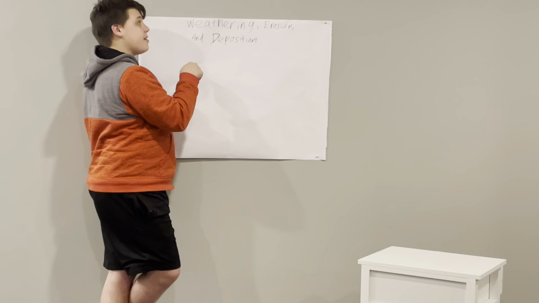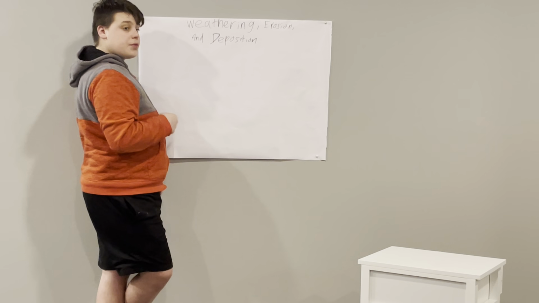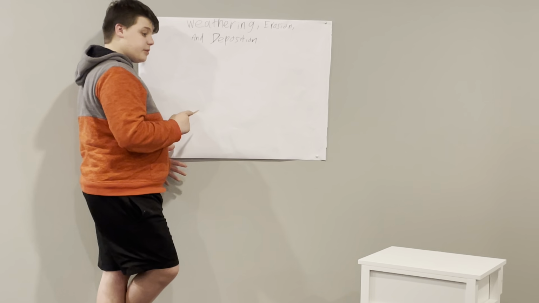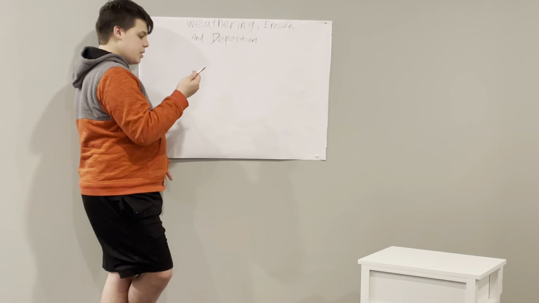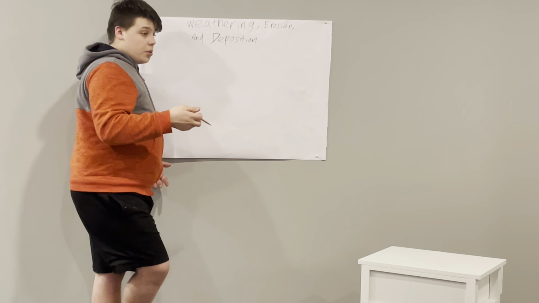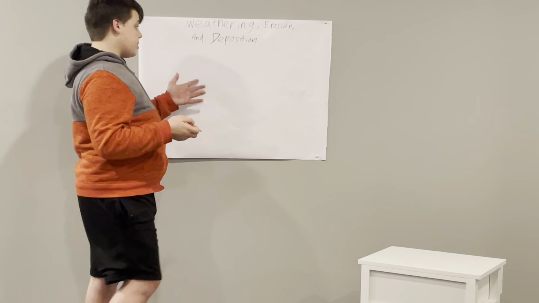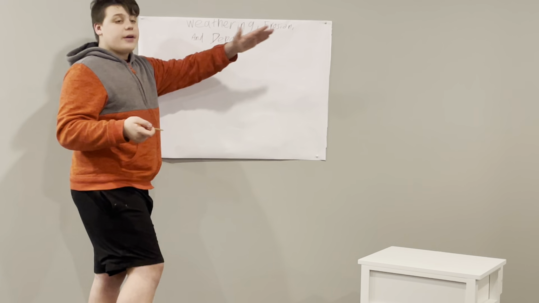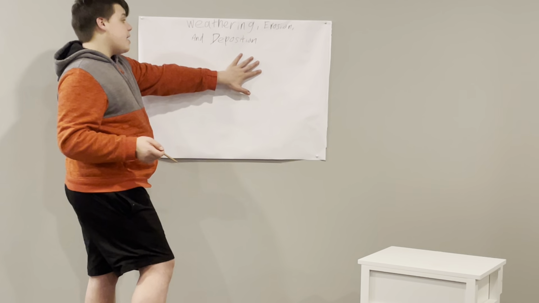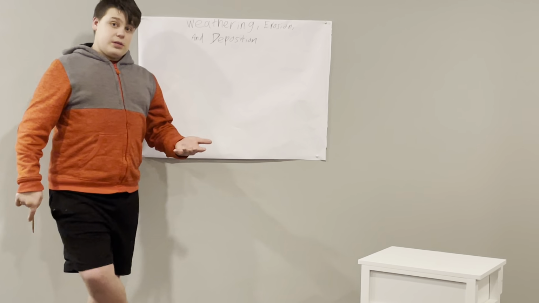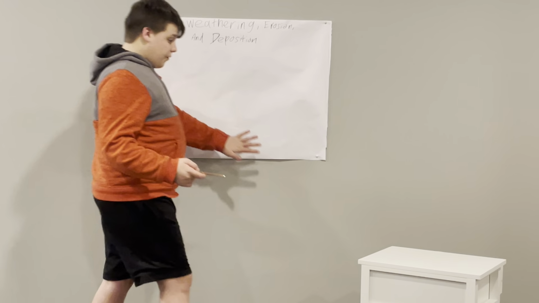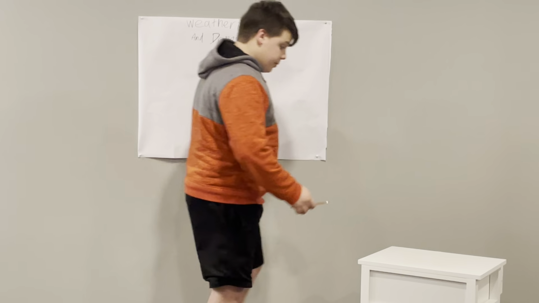A giant river was flowing through there, and it weathered away all those rocks and turned them into sediments, and then erosion carried them away somewhere else, and deposition right here settled them somewhere else. So it's very simple. That's an example.